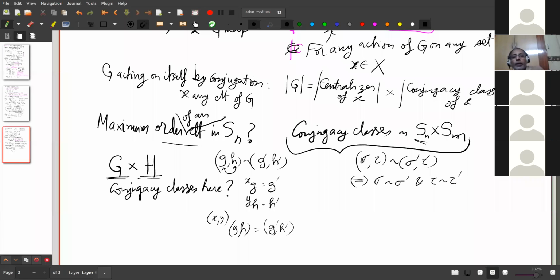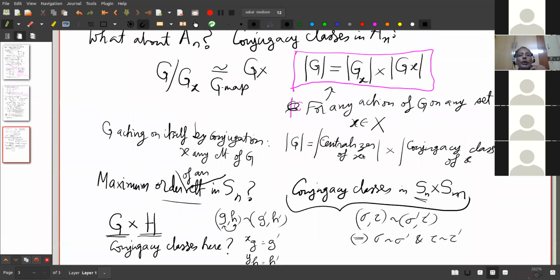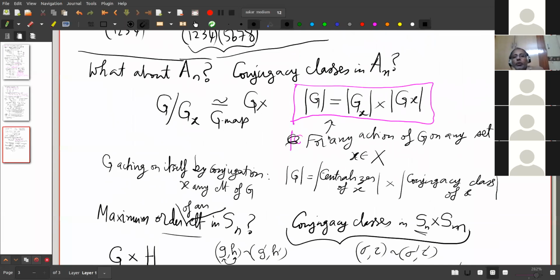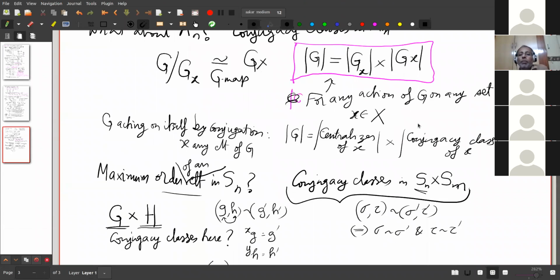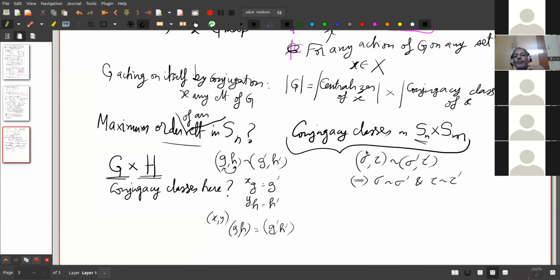And remember, this holds in any group for any action. So this is a very general formula that applies in various contexts. For example, you can apply it here. In fact, it's quite easy. To compute what commutes with (g, h), I just compute what commutes with g, then what commutes with h, and take their product.